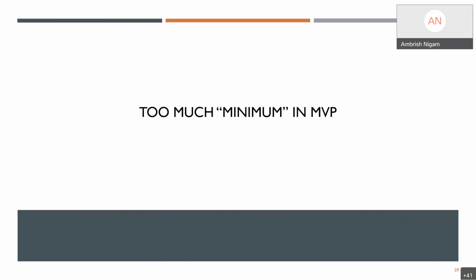The existing market has a baseline of product quality and functionality. We all love to build the minimum viable product, but sometimes it doesn't work because the category has evolved sufficiently, and you need to be more than the bare bones, right?